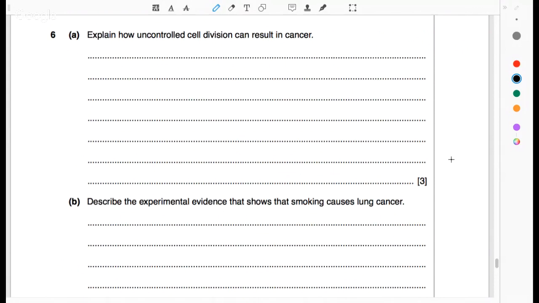This tumor can interfere with the function of the tissues that it's surrounded by, and it can induce lymph vessels and blood vessels to deliver nutrients to it, which helps it grow. And it spreads through metastasis by part of the tumor entering the lymph or blood vessels and forming a secondary growth in the body. Good.